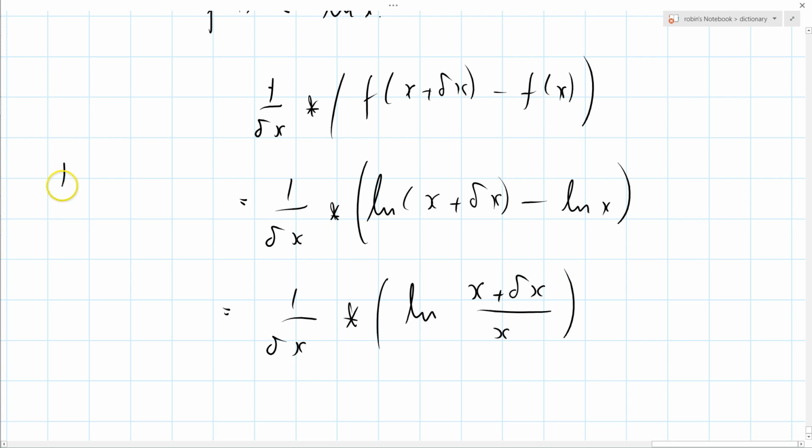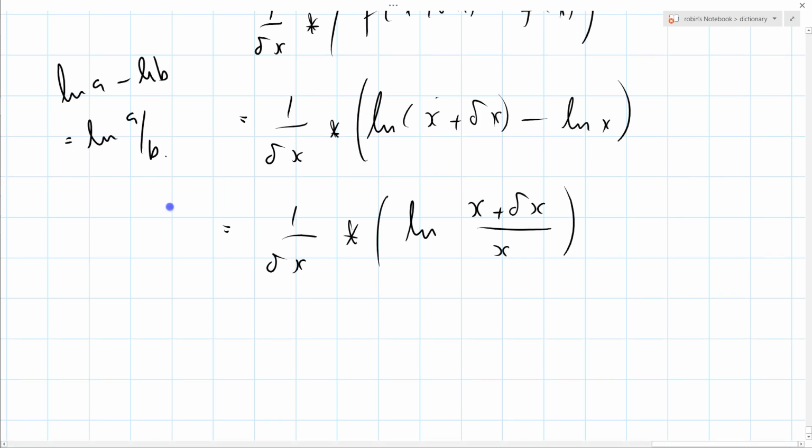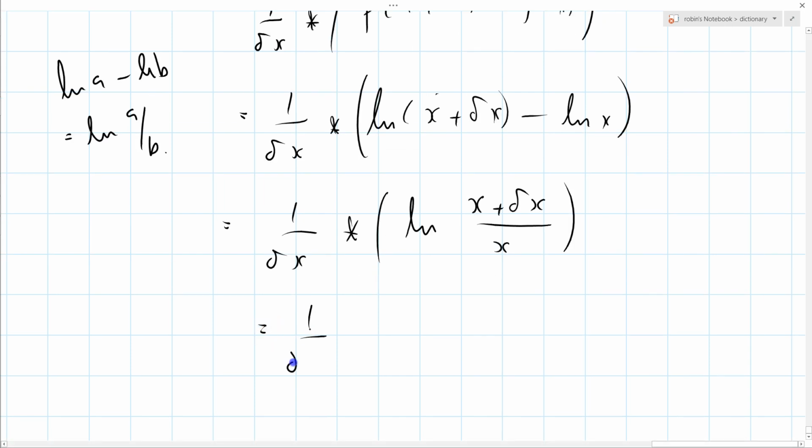How am I getting that? Well, I'm using the fact that log a minus log b equals log a over b, and I'm just using a as x plus delta x and b as x, so that's nothing terribly difficult. Equals 1 over delta x times log of 1 plus delta x over x.